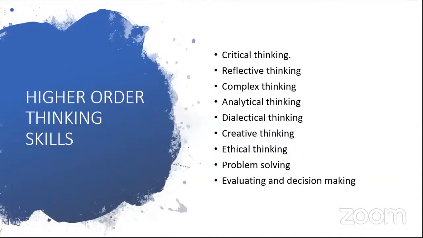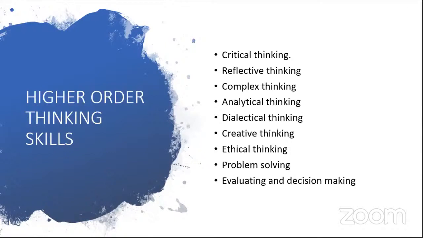Complex thinking. It involves content that is abstract or complex. Next one is analytical thinking. This is the ability to deconstruct information into small categories. Dialectical thinking, ability to view issues from multiple perspectives. We have to develop all these thinking skills in the minds of the learners.